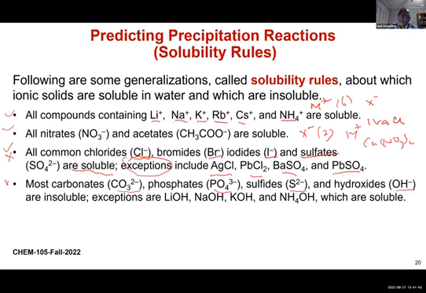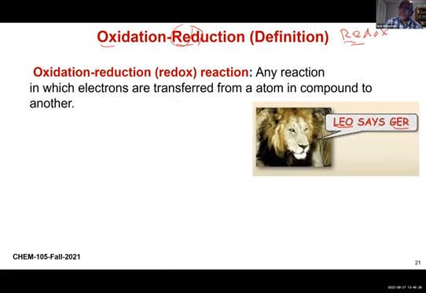There's a short way to remember what is oxidation and what is reduction. This line is used for memorizing the definition of oxidation and reduction. This line is LEO says GER.